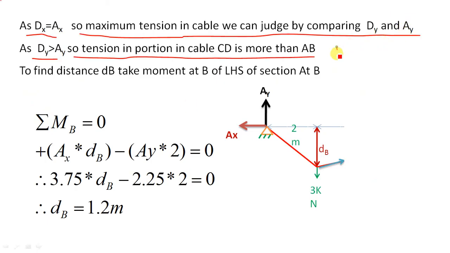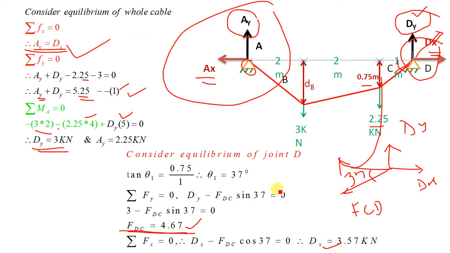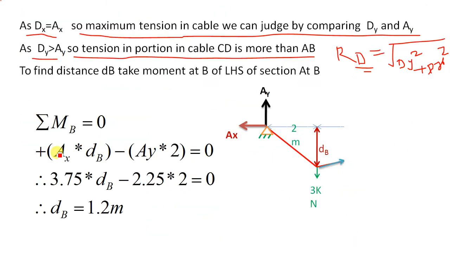So you can find the tension RD from the equation, root of dy squared plus dx squared. Substitute that value and it must be equal to 4.67, or you can directly write that the maximum tension is 4.67 kilonewton.